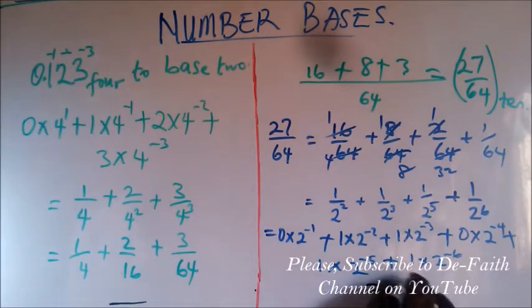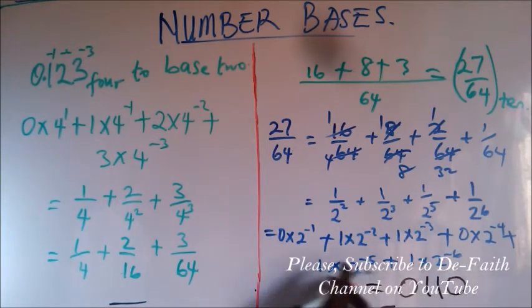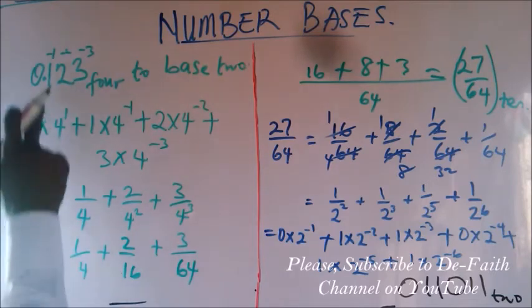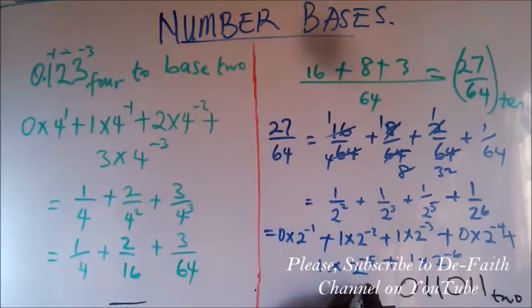So our answer will be 0, 1, 1, 0, 1, 1. Then don't forget that it's in base 2, and also we are dealing with a decimal originally and then fraction, so we have it as 0.011011. So if you want to still understand this better, you can go over the video.